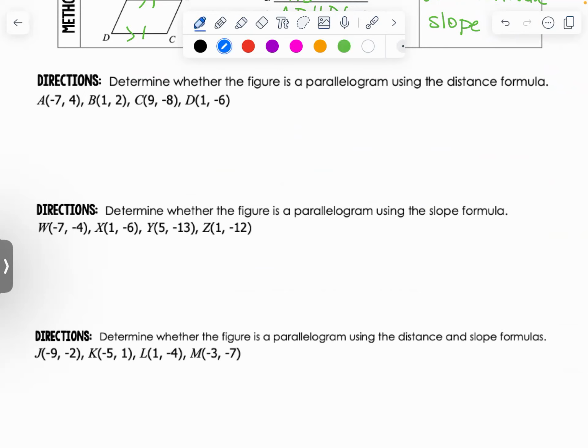Okay, so in this first one, I'll just name it number 1. We are going to determine whether the quadrilateral is a parallelogram by using the distance formula. So we need to find AB.